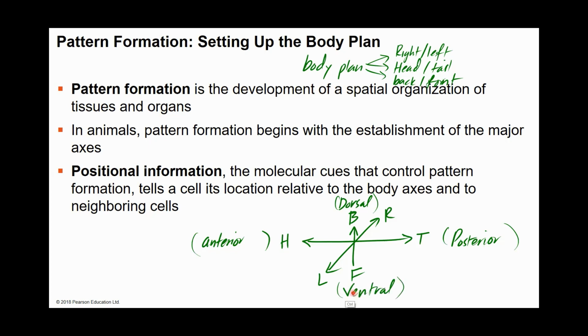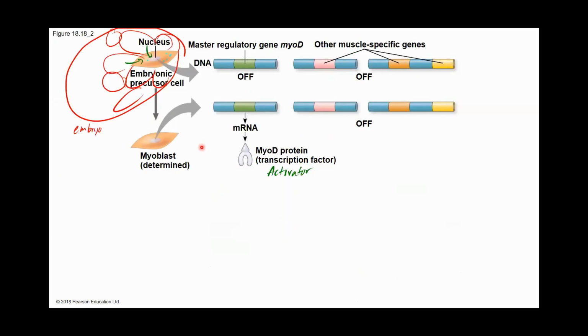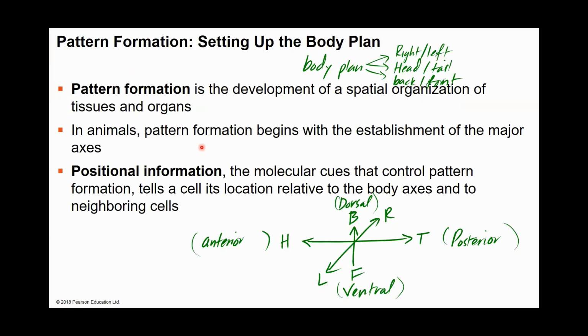Okay, so the cytoplasmic determinants and induction signals not only contribute to differential gene expression and cell differentiation, but also contribute to the development of a spatial organization of tissues and organs.